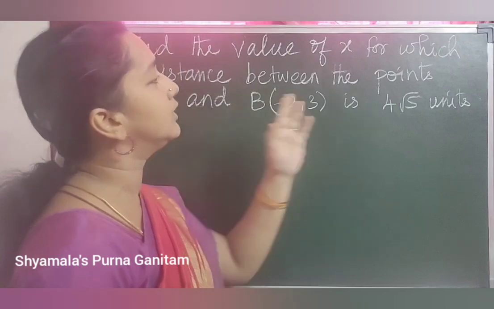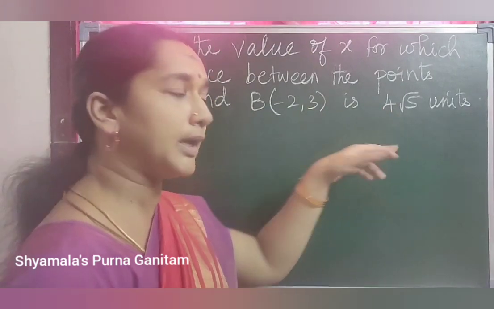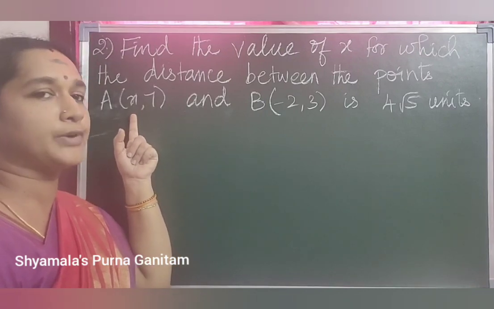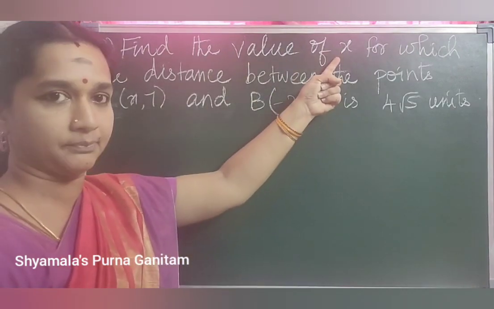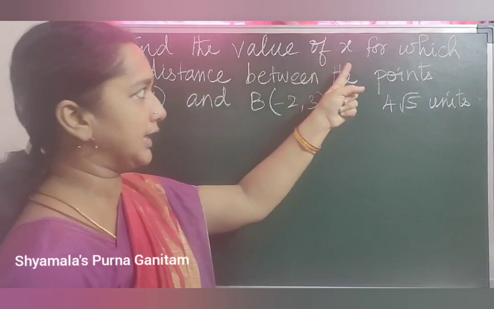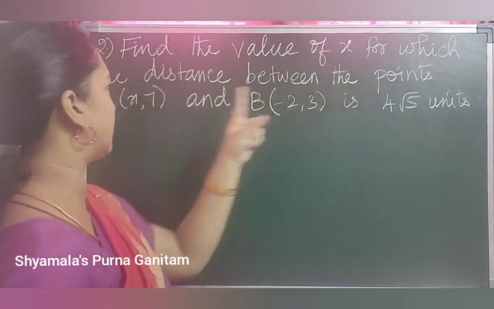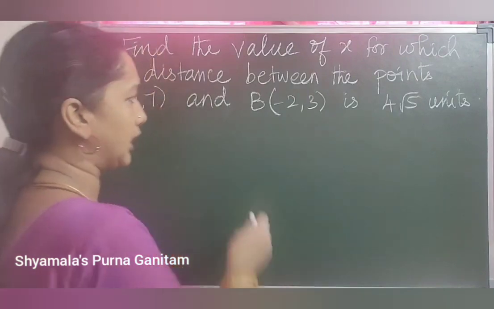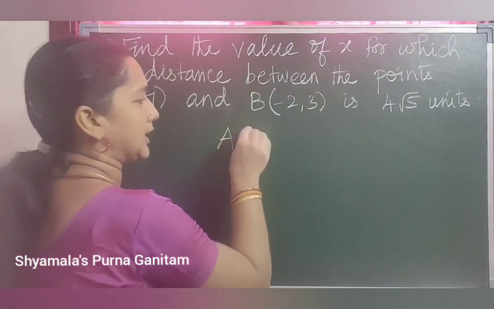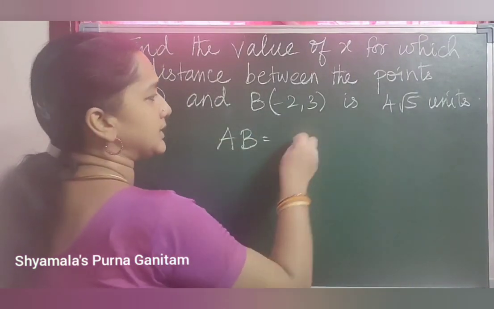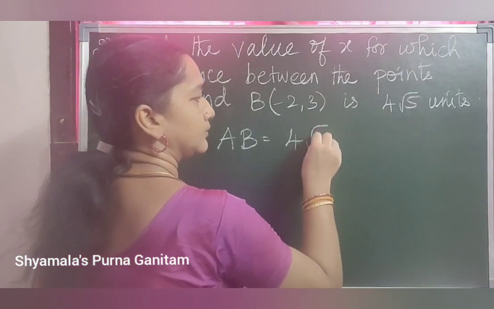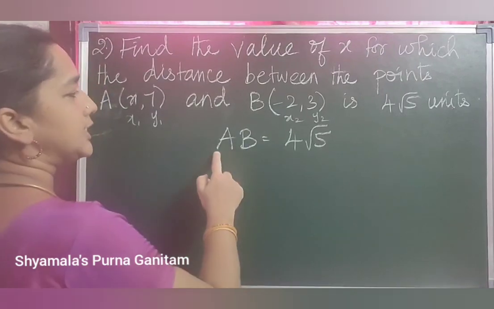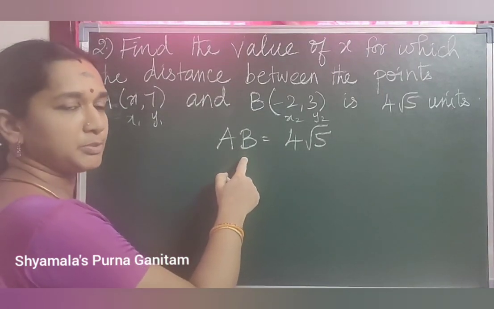In this one, the distance is given, but one coordinate is missing, so you are asked to find the value of x. So AB is equal to 4 root 5, where AB is the distance between the two points.